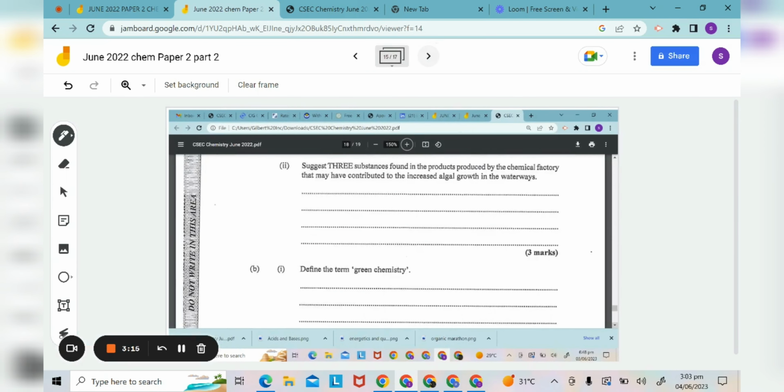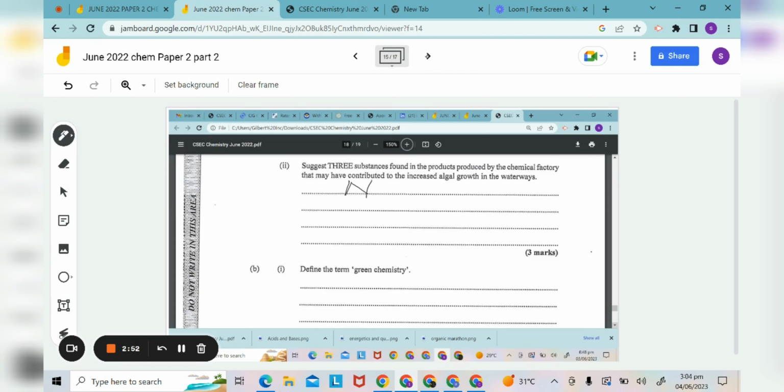Let me see if we have this one over here. Okay, so now it says suggest three substances found in the products produced by the chemical factory that may have contributed to the increased algal growth in waterways. So this is coming from biology to some extent, where you have algal blooms, and of course, algal blooms are caused from increased fertilizers.